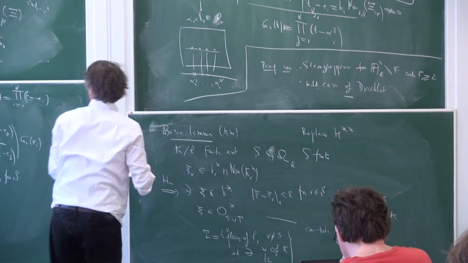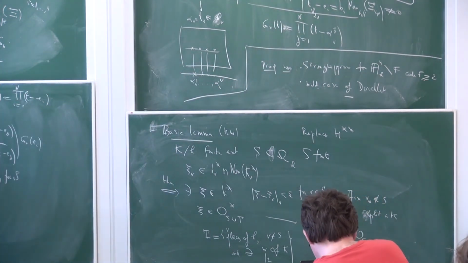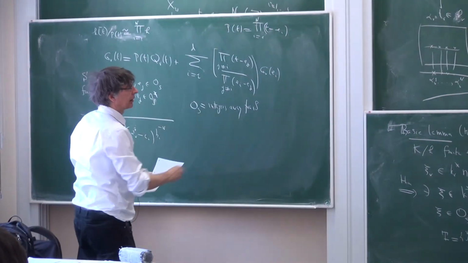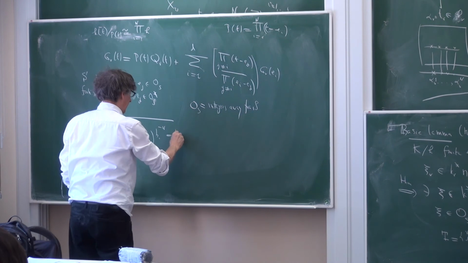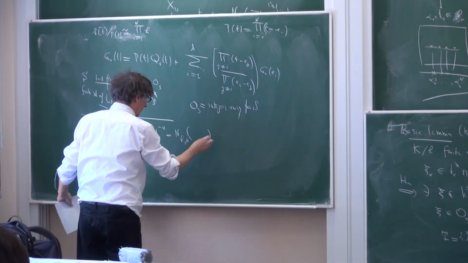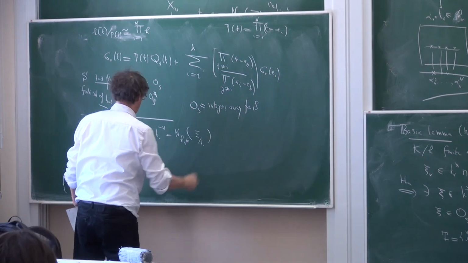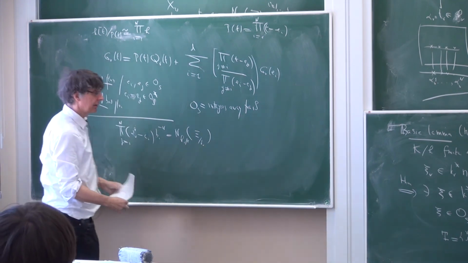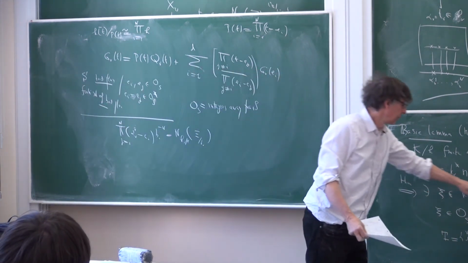So you get a b_i to the capital N. And so it's a norm. So this thing is a norm from K_i over K of something over K_v. Okay, so we look at these elements, and these are the xi_V's, which we take here.